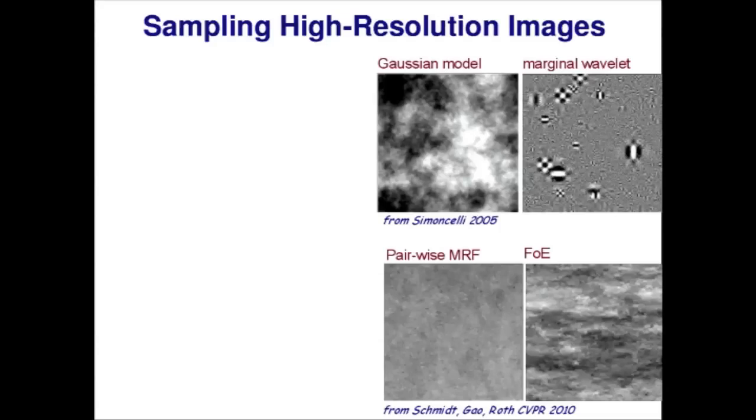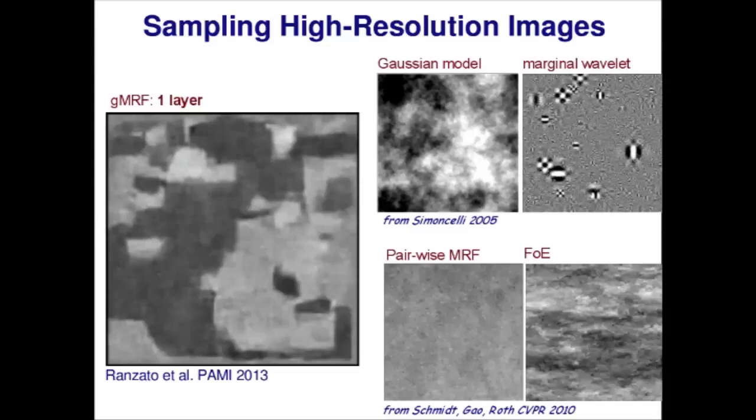Below, there is a sample from a pairwise Markov random field, so it's like the model that I described, but without latent variables. Next to it is a field of experts, which is close to what I described, but without some set of latent variables. And this is an image generated by using just one layer of our model.